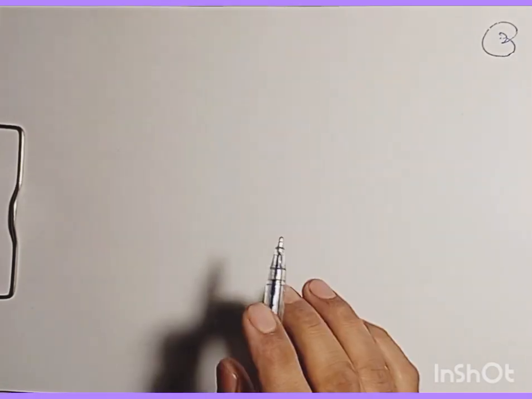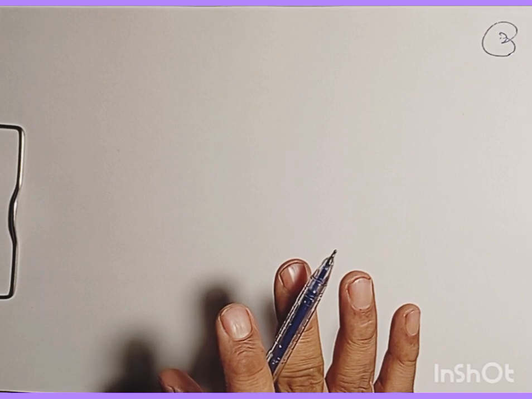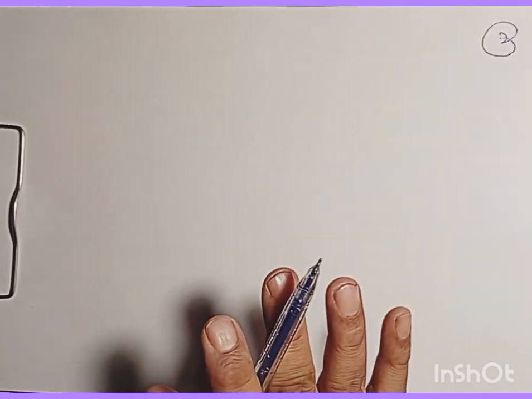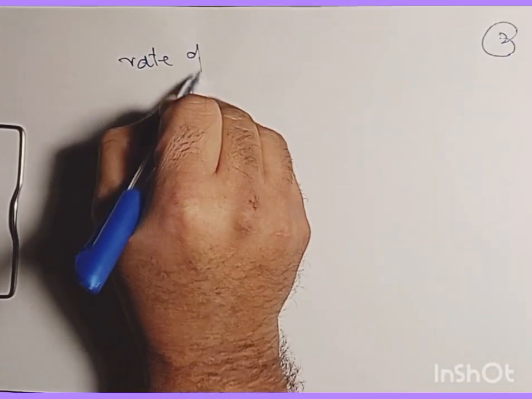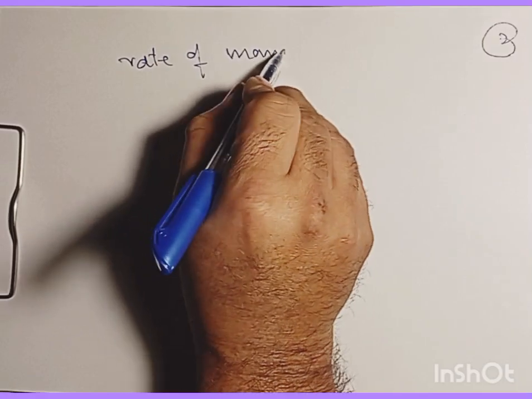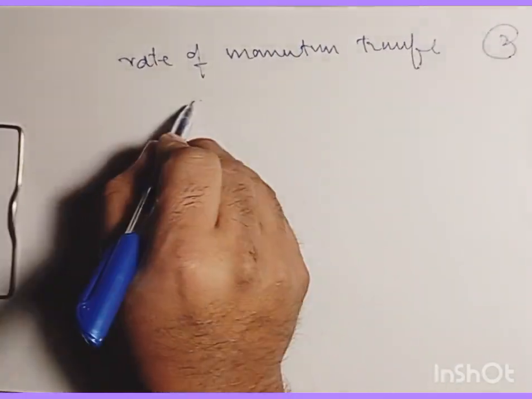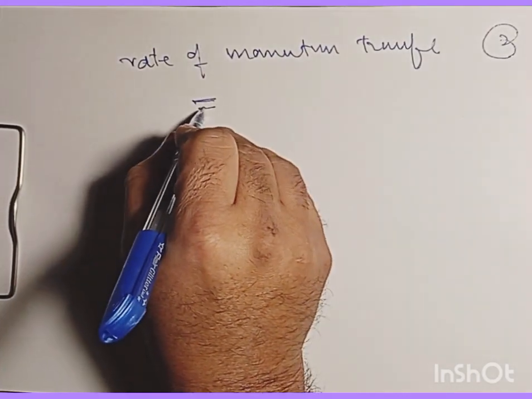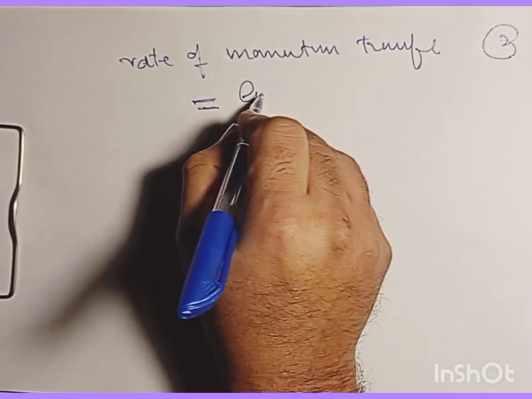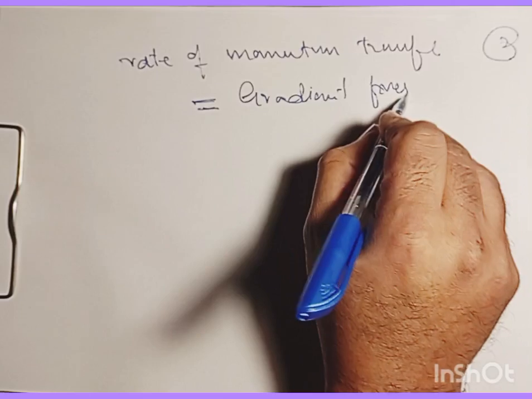So we are assuming a steady state situation, and the force on all the particles per unit volume is just balanced by the rate of momentum transfer, which is equal to the pressure gradient.